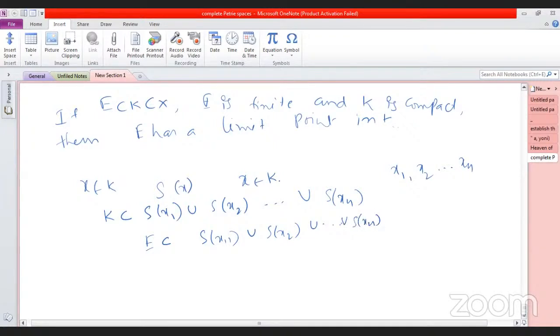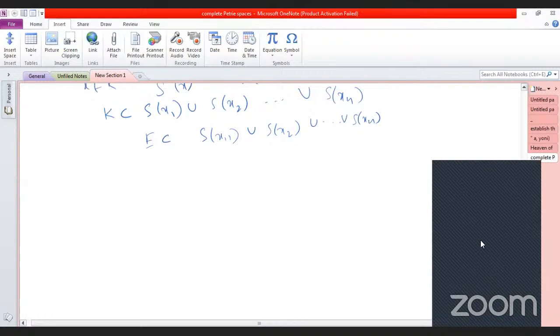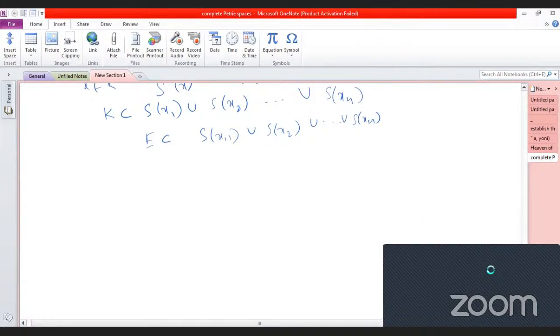Since it has at most finitely many points of E, it can be infinite or not infinite? It is finite, it cannot be infinite. Why? Because it is a union. Am I correct? Yes, sir. So we get a contradiction to the hypothesis.